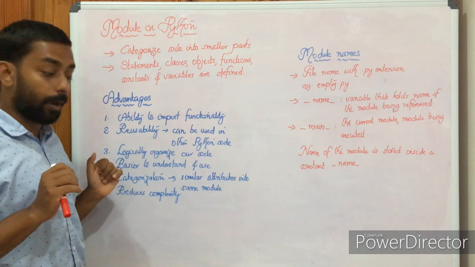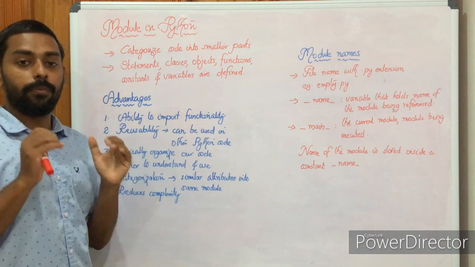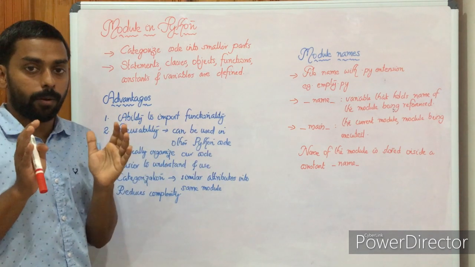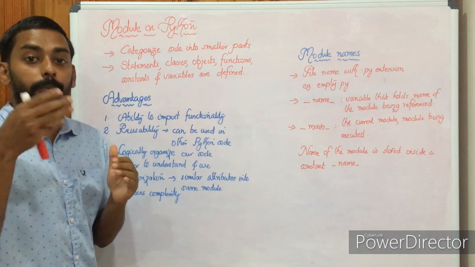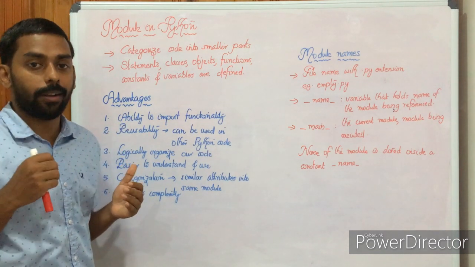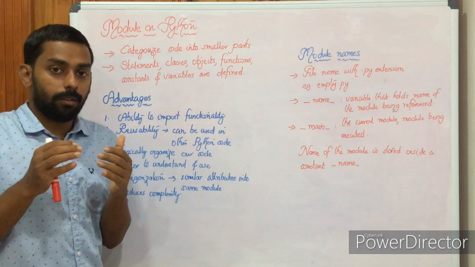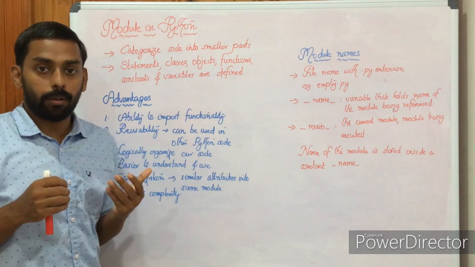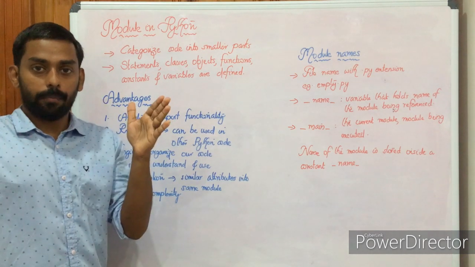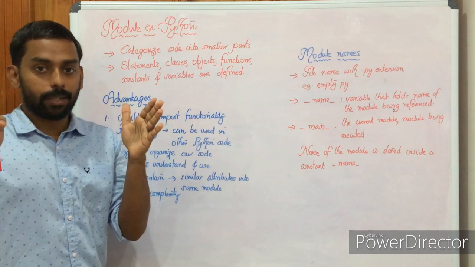Then, easier to understand and use. When we make our program module-wise, using the concept of modules, it will be very easy for us to understand. Just like making our textbook. We have Computer Science with Python as the textbook name, that's our problem name.